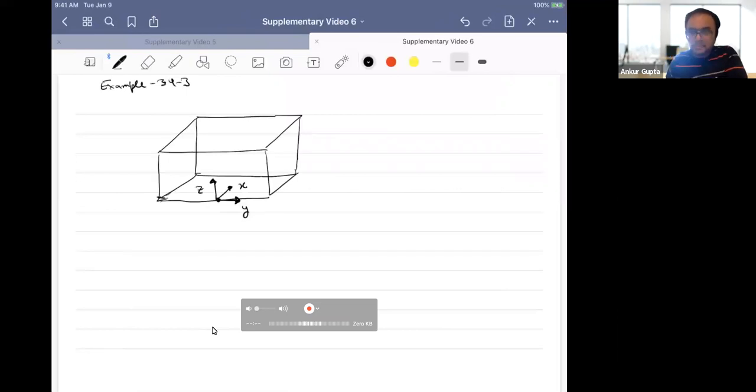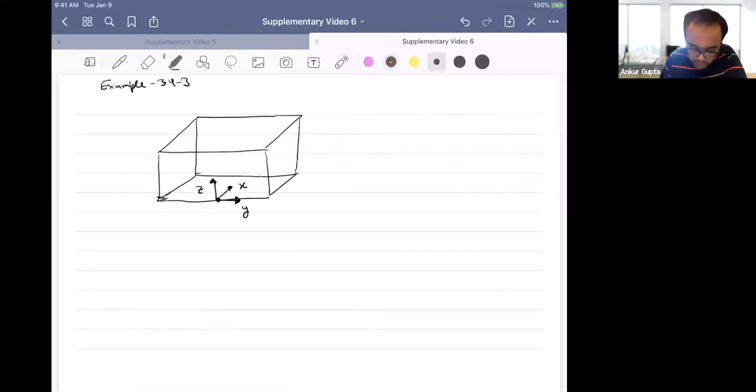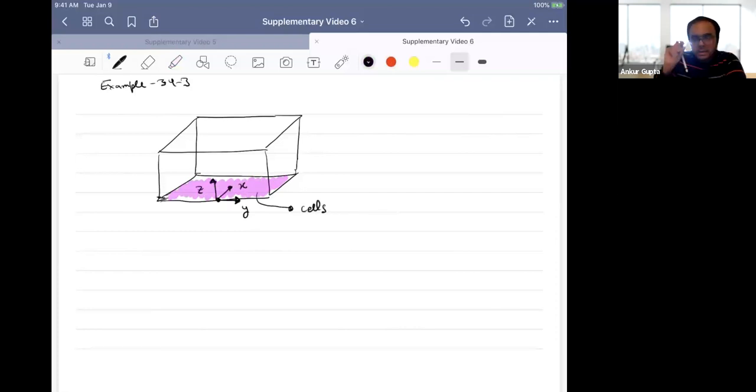This is the same setup which we saw in the previous slide. In this bottom layer, which is z equal to 0, is the layer of cells. The assumption is that the cell layer is so thin that it basically has no height.